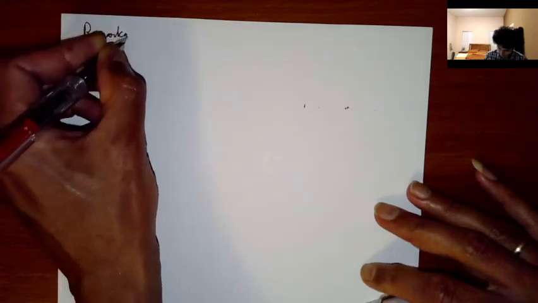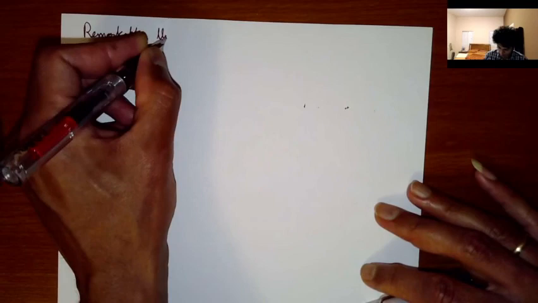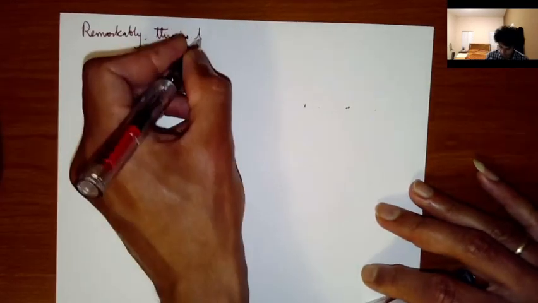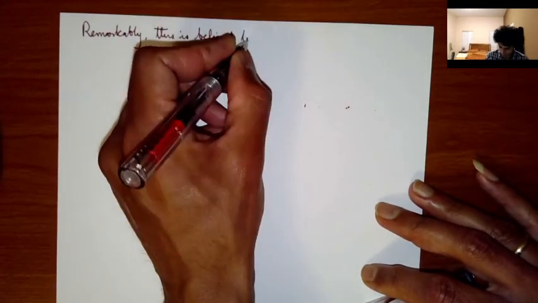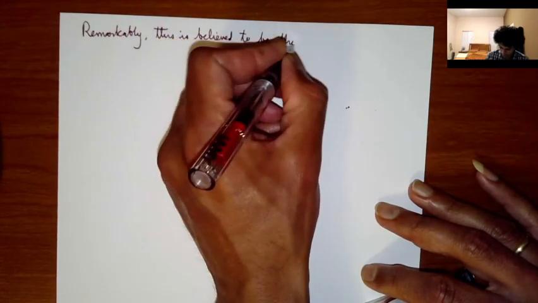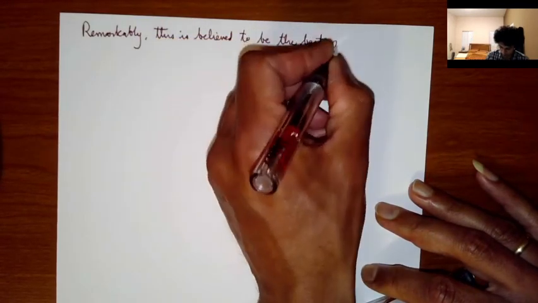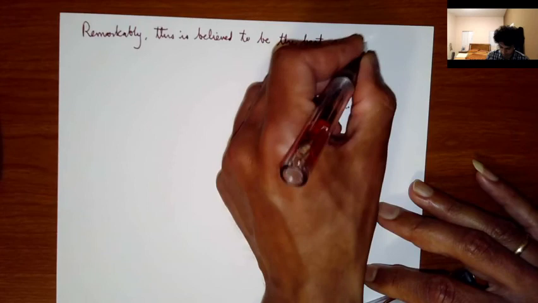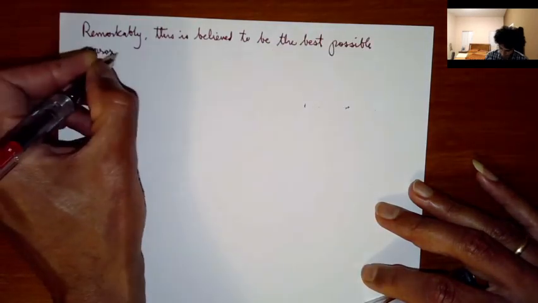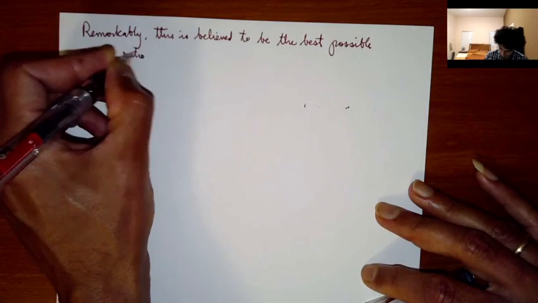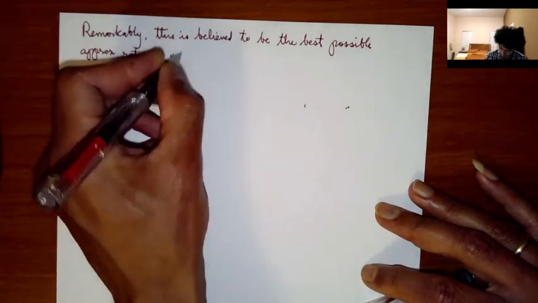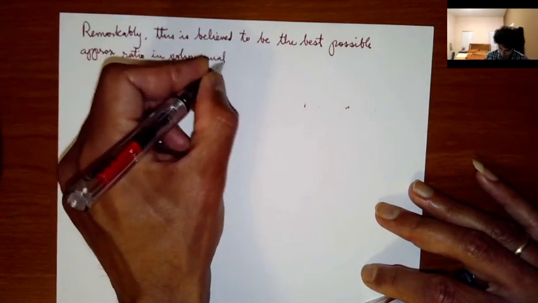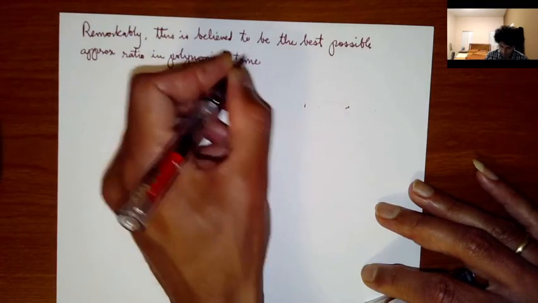Okay, just a couple of maybe parting comments here. Remarkably, this is believed to be the best possible approximation ratio in polynomial time, which is quite surprising.